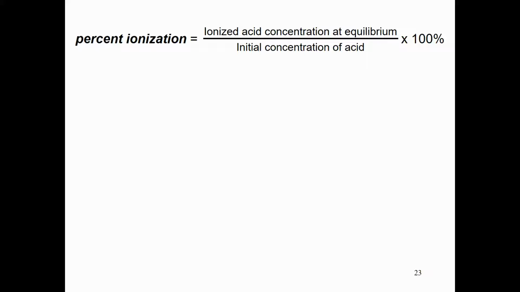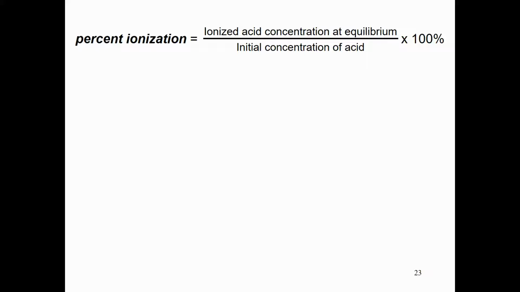All right. Percent ionization. Percent ionization is simply the percent of hydrogen that is dissociated from the original concentration. How much hydrogen has come off of that initial concentration of that acid?